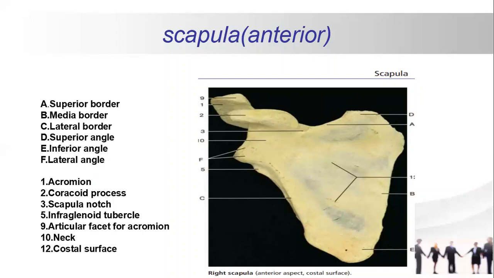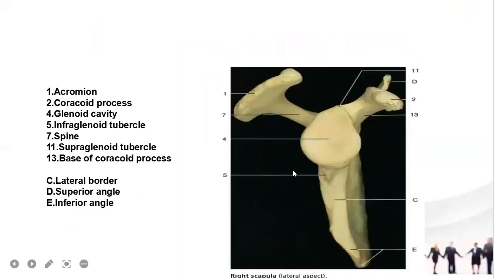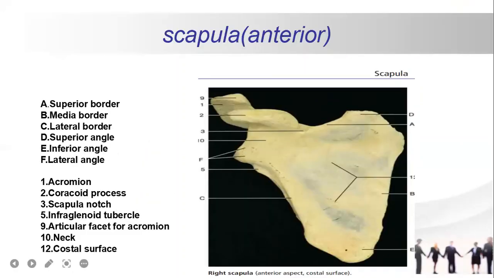Starting from A, we have the superior border of the scapula. Moving to B, we have the medial border of the scapula. And C is the lateral border of the scapula, the point where it is far from the midline of the body.